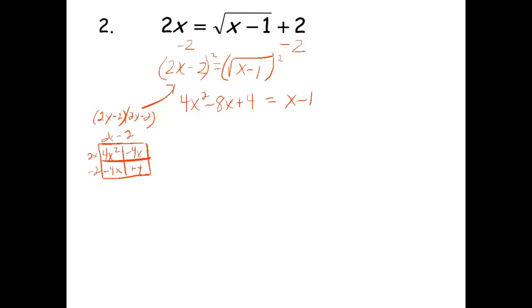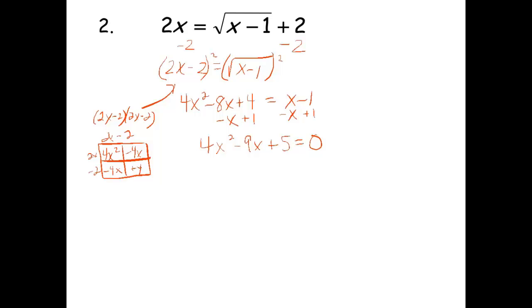So here's another example. We had a radical equation. It just turned into a quadratic equation, which is fine. I'm going to set it equal to 0. So I have 4x squared minus 9x plus 5 equals 0. We could try to factor it, but we could also use a method that will always work, and that's the quadratic formula.